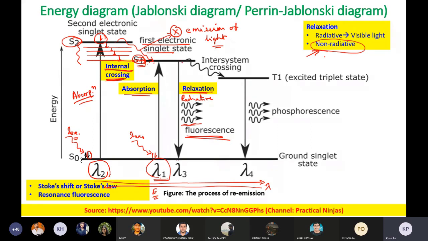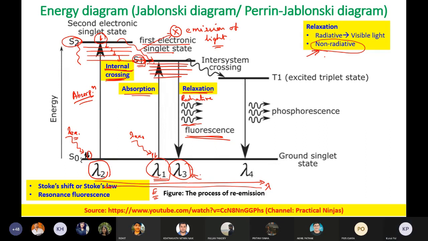So lambda 1 goes up, and it comes down again as lambda 3, at a higher wavelength. Why is it so? Because within S1 also you have several vibrational levels, and while moving through the vibrational levels, there is a loss of some energy. That's why you get the emission at a higher wavelength. Okay.